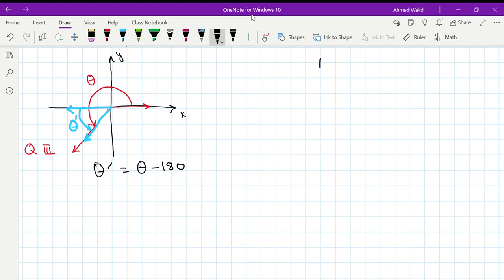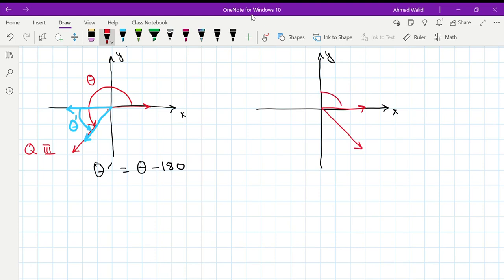Quadrant 4. If theta lies in quadrant 4, this is x, y-axis. I'll draw angle theta again in a standard position. Initial side, terminal side. Correct?